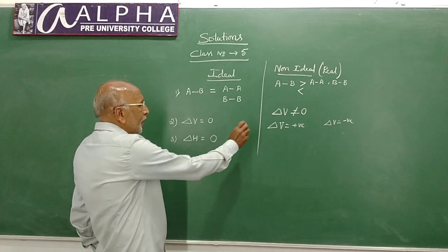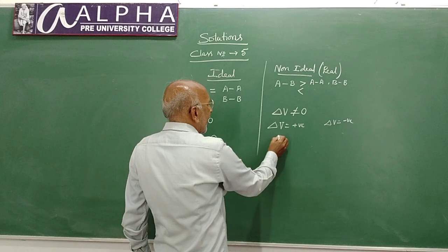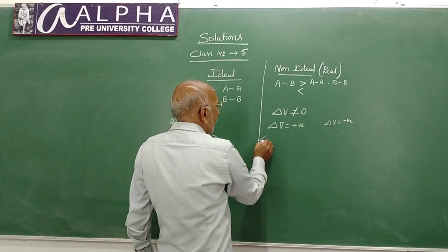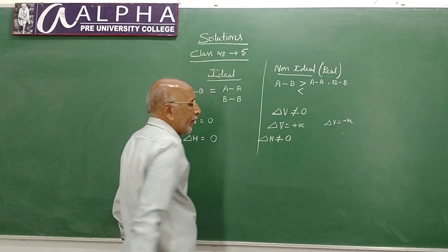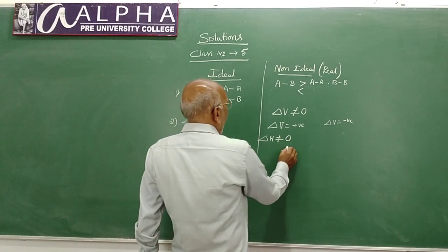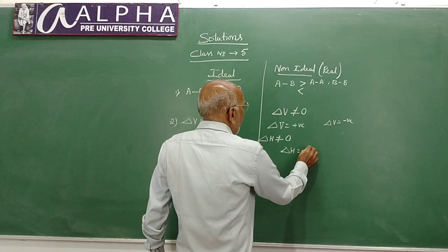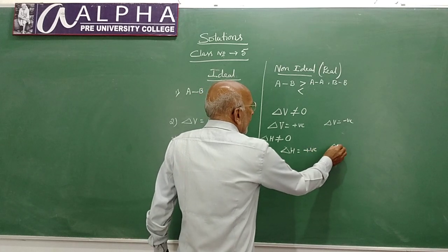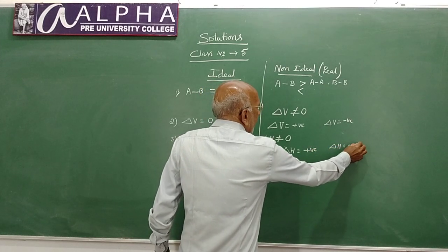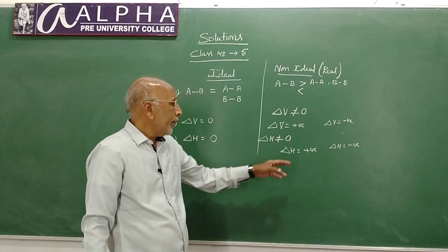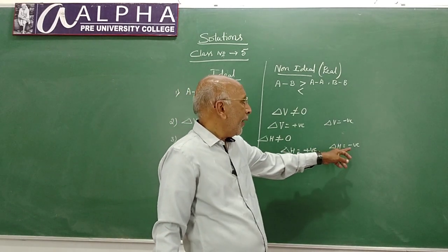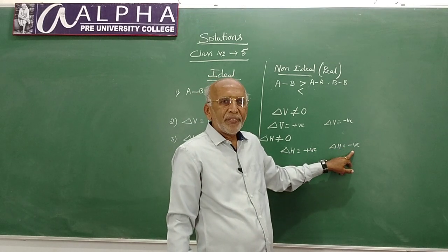It is not so in the case of non-ideal solutions. In the case of a non-ideal solution, delta H is not equal to 0. That means delta H may be positive or negative. That is, formation of solution may be endothermic or exothermic.